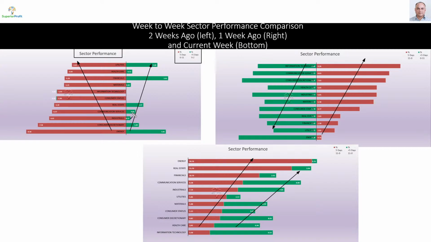So earlier it was flip-flopping, bullish to bearish, then bearish to bullish. However, in the current week, from bullish, it became even more bullish.